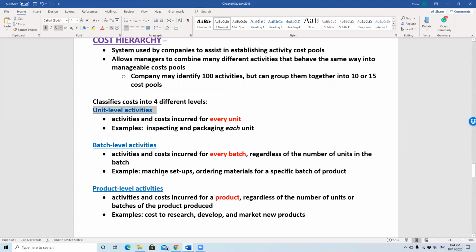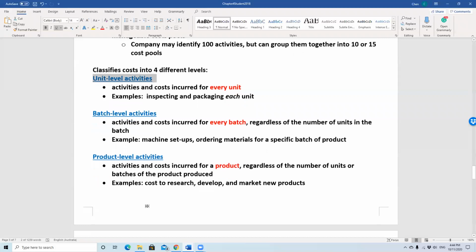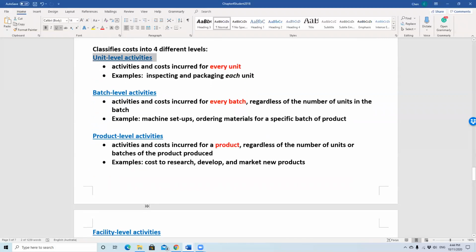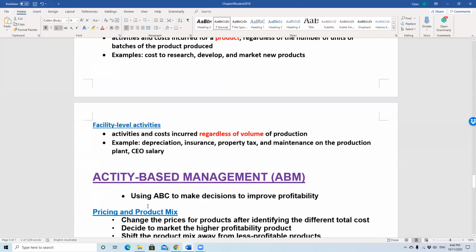If these activities are on different levels, you can differentiate them and see whether some can be combined and use the same overhead rate to get your manufacturing overhead. Some examples you can read.